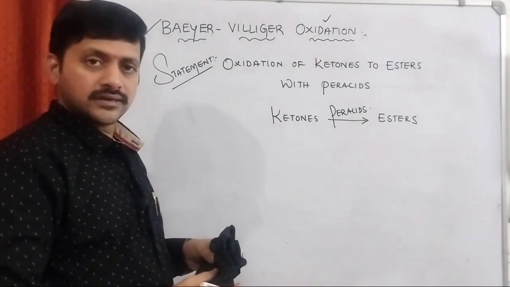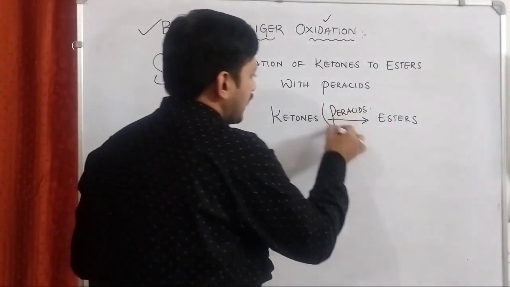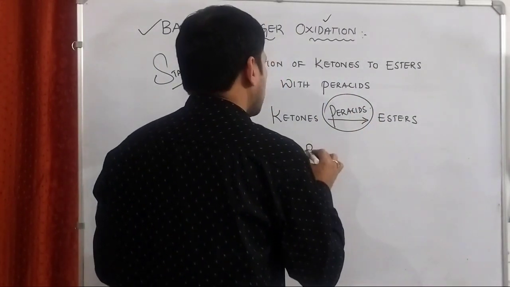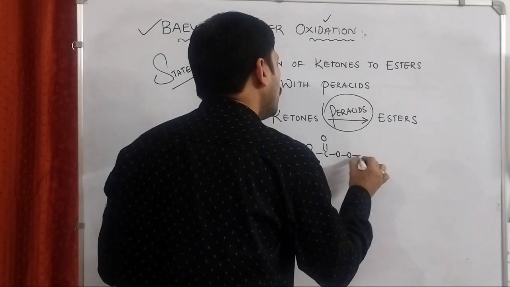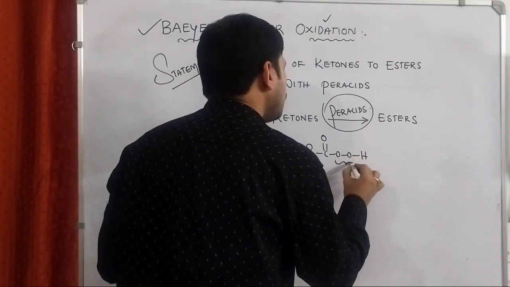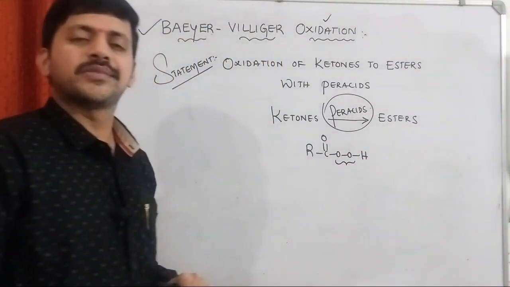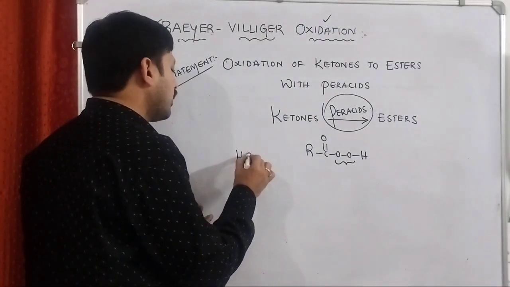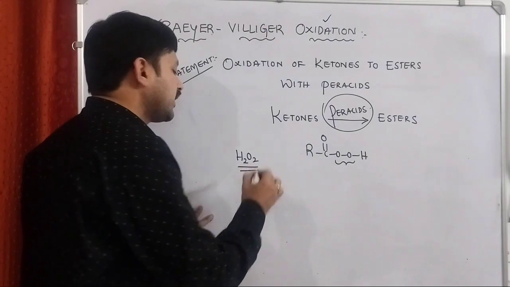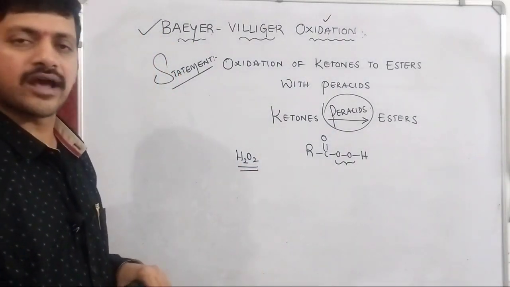We all know that the paracids are represented with RC double bond OH. Here we are having a linkage called peroxy linkage. The simple compound we are all familiar with is H2O2, hydrogen peroxide.